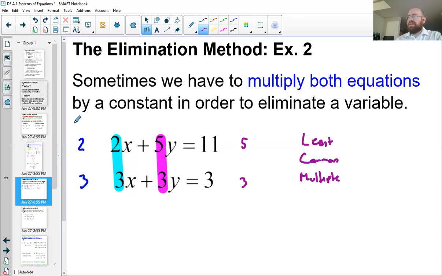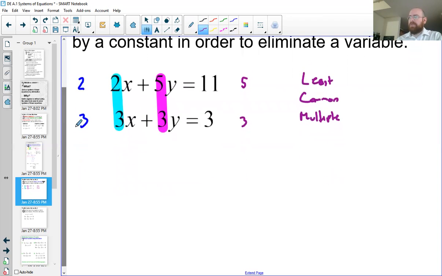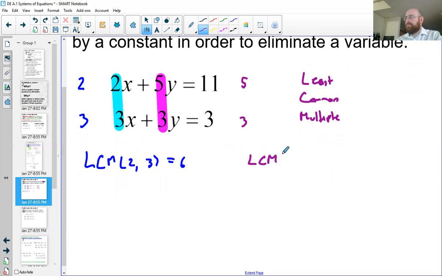So the least common multiple, the LCM of 2 and 3 is 6. The LCM of 5 and 3 is 15.